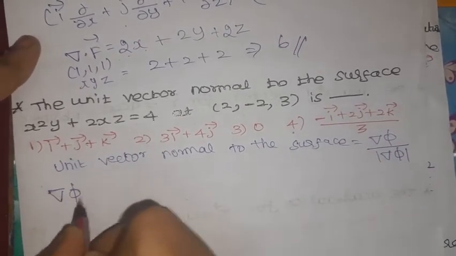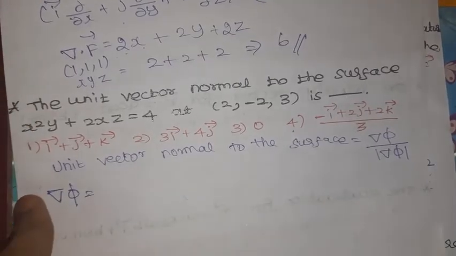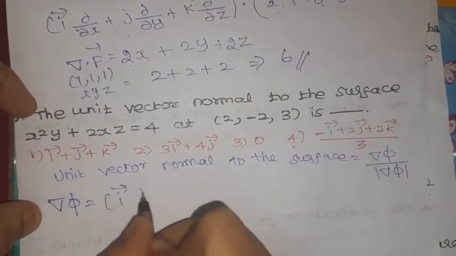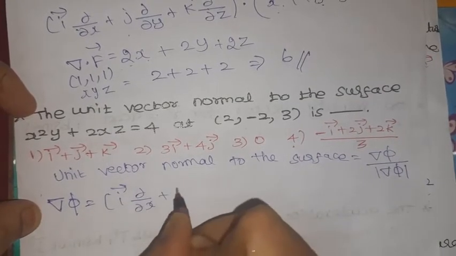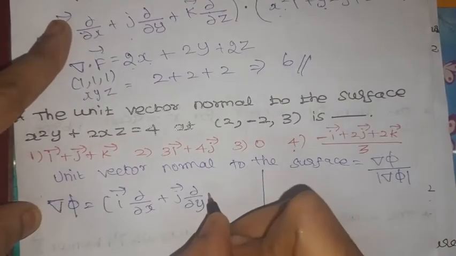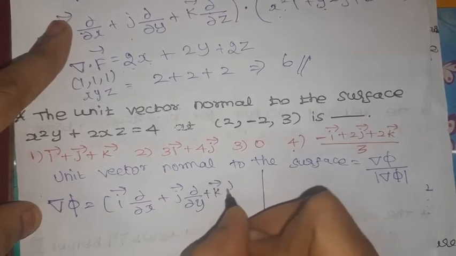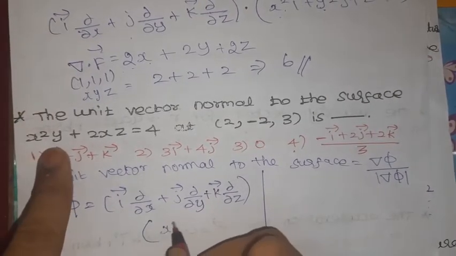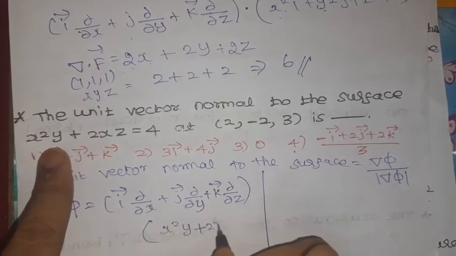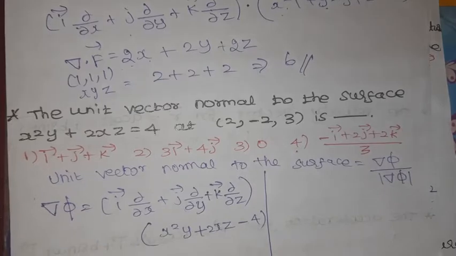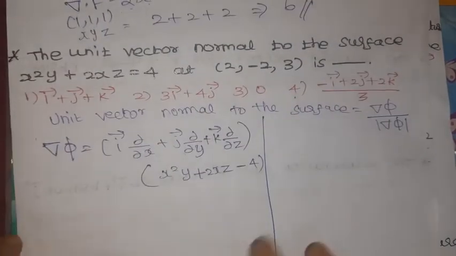Del phi is, as I told earlier, i into dou by dou x plus j into dou by dou y plus k into dou by dou z, applied to the given expression. Take phi equal to x squared y plus 2xz minus 4.